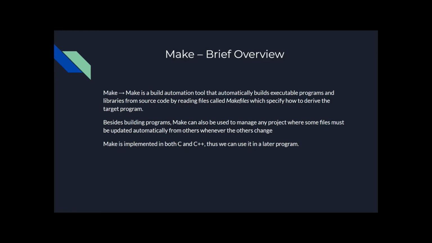Make is a build automation tool that automatically builds executable programs and libraries from source code by reading files called makefiles, pretty intuitive, which specify how to derive the target program. Besides building programs, Make can also be used to manage any program where some files must be updated automatically from others whenever the others change.